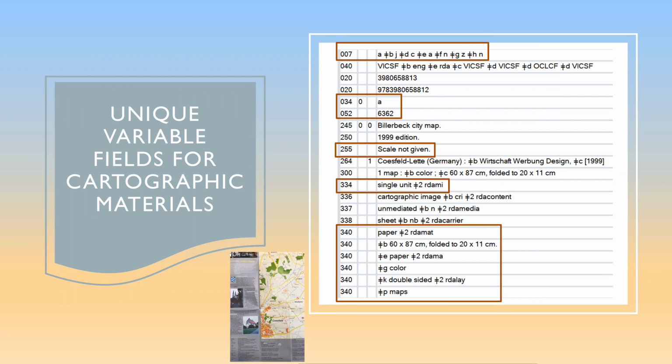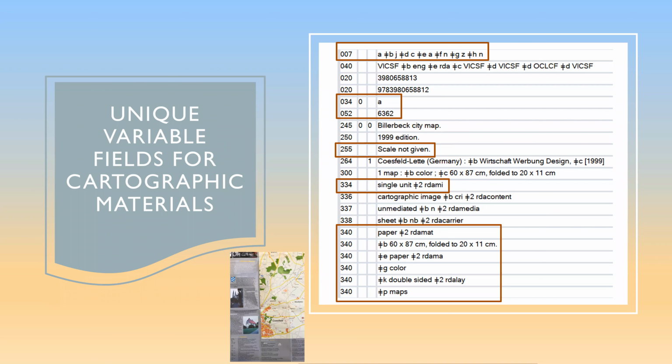Okay, now let's look at the unique variable fields for our map. So far, in our map display, the 007 is a map in color made of paper with the type of reproduction not applicable. The production reproduction details is marked as other, and the positive negative aspect as not applicable. The MARC tag 034 is just coded for subfield A map, since MARC tag 255 states that the scale is not given.